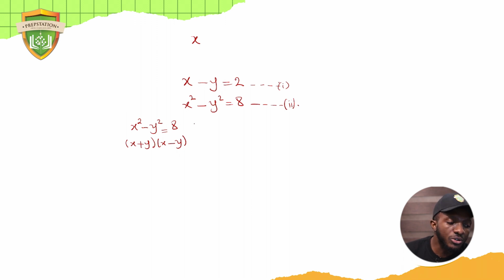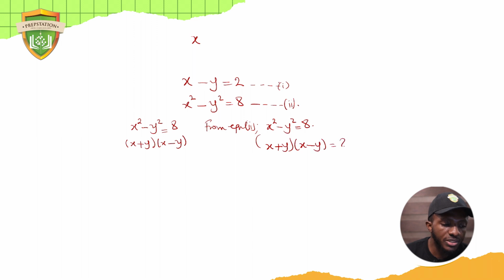Now, look at this, equation 2. From equation 2, what do we have? x squared minus y squared equals 8. And we have expressed that here. So that's x plus y and x minus y equals 8.